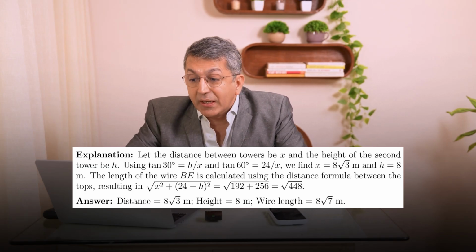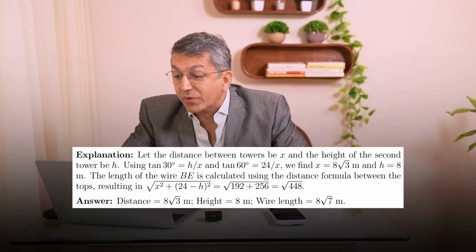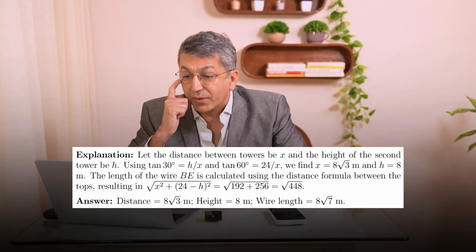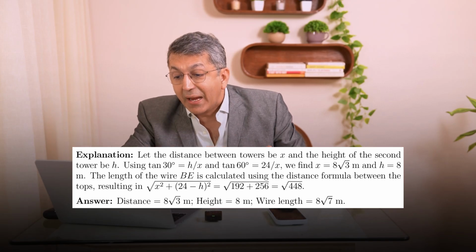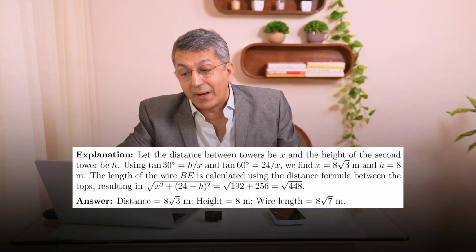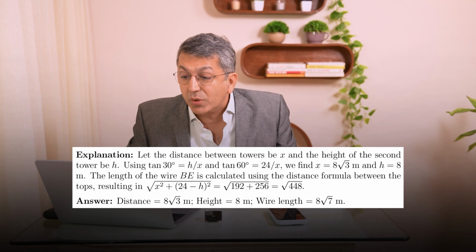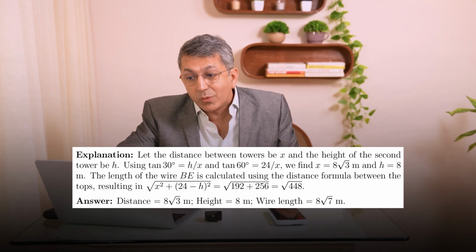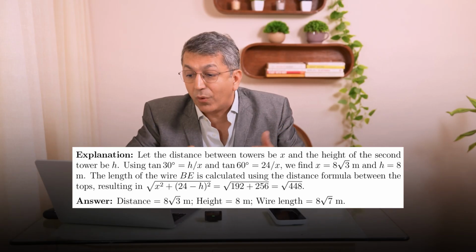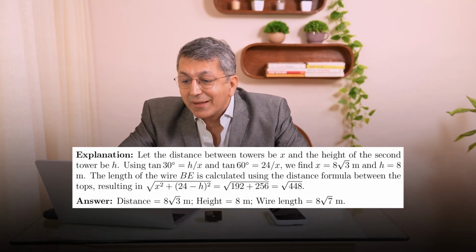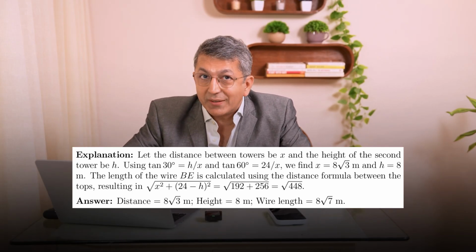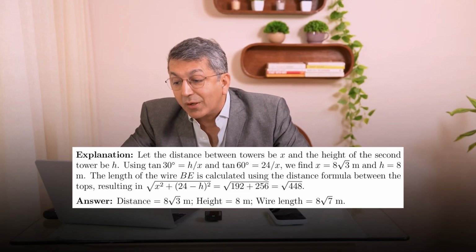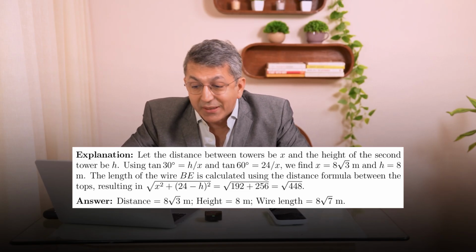The length of the wire BE is calculated using the distance formula between the tops, resulting in, pay attention, square root of x square plus in brackets 24 minus 8 square, which is equal to square root of 192 plus 256, which is equal to square root of 448. Answer: distance is equal to 8 square root 3 meters, height is equal to 8 meters, wire length is equal to 8 square root of 7 meters.